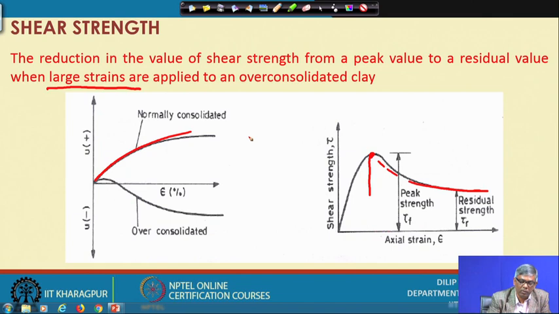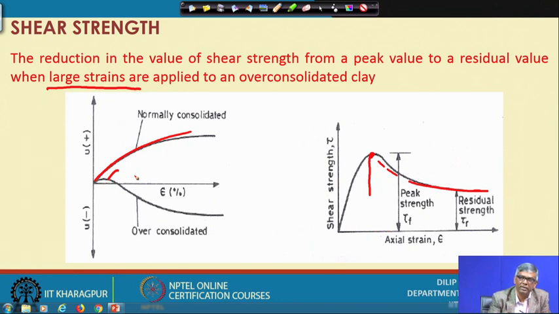like this, whereas for an over consolidated clay, due to initial straining up to some percentage, the volume will be decreasing. So, there also pore pressure is positive, but after reaching a certain value of axial strain, the volume increases.